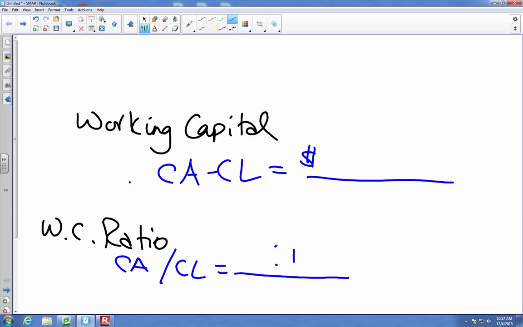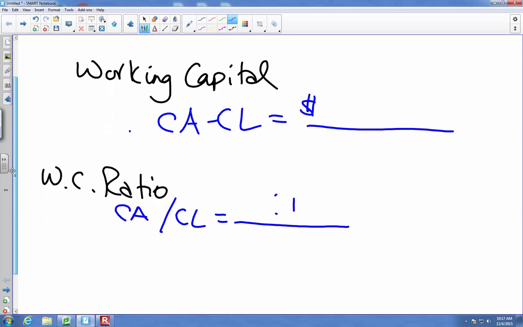And then lastly in this set, and then I'll let you go do some calculations for me, we'll talk about it. The last one's called a quick or asset ratio.